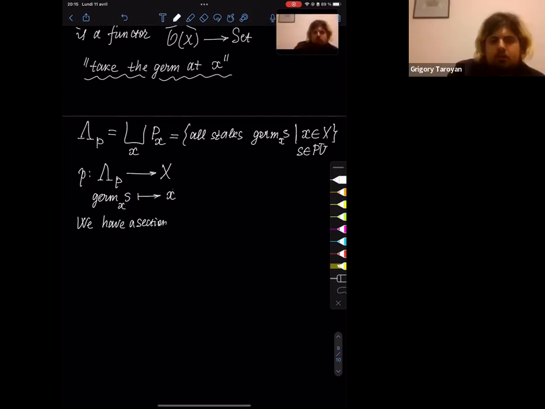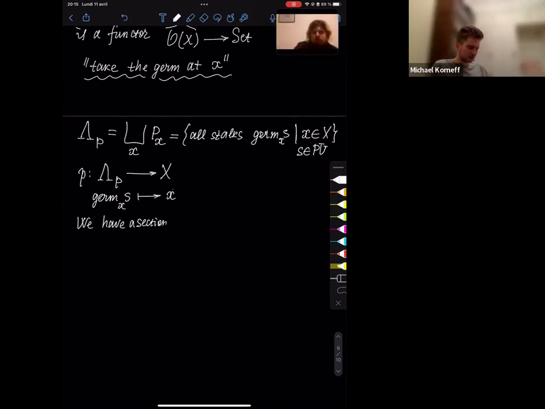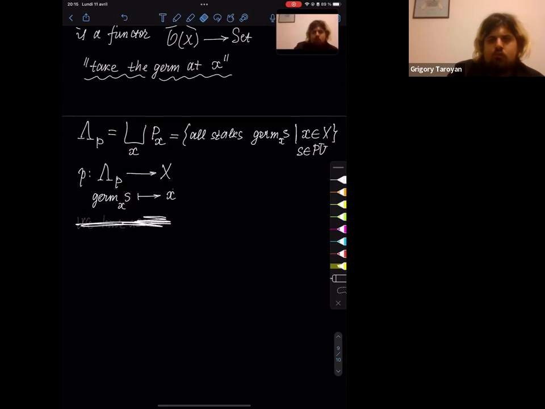What is the topology on Lambda? That's a good question. Okay.